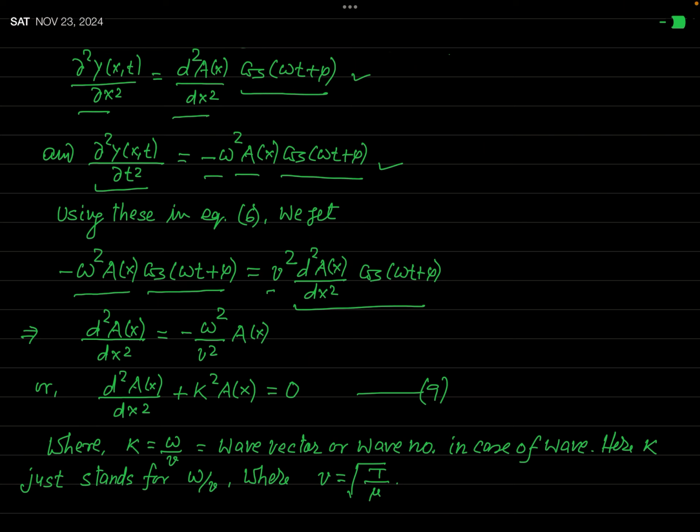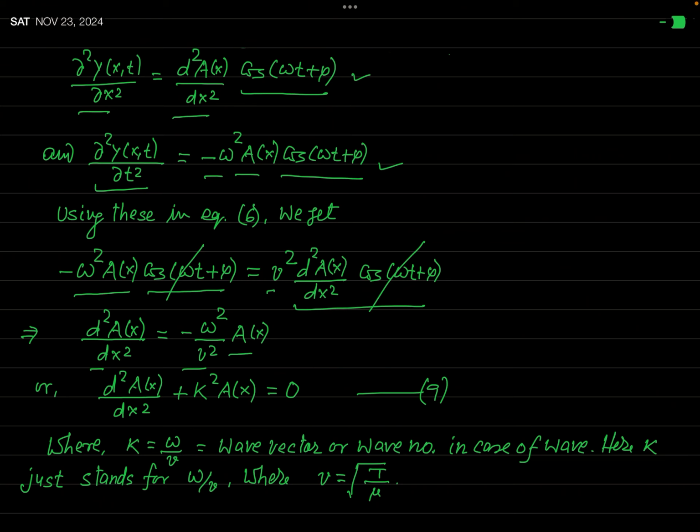Now you can see the cosine of omega t plus phi present in both LHS and RHS will cancel out, and our result becomes d2A by dx square equal to minus omega square by v square times A of x.